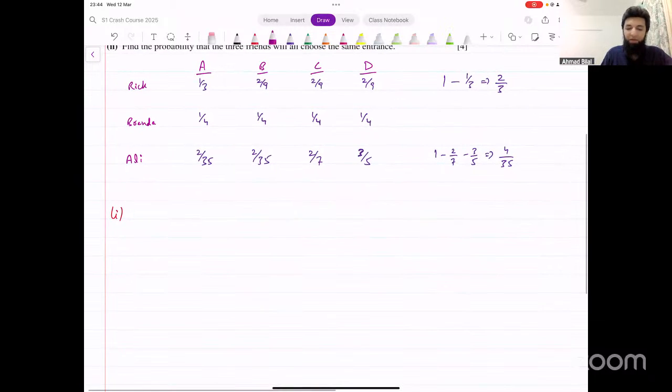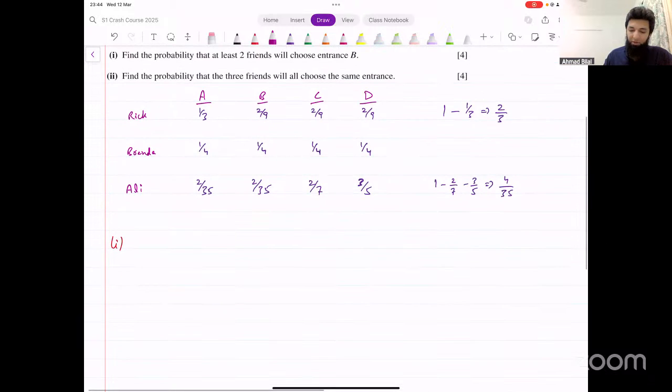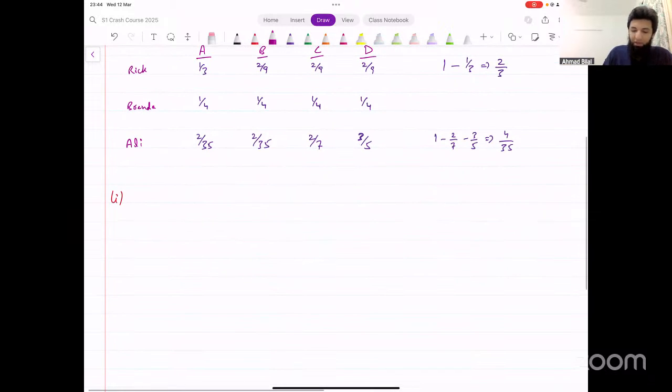Now, let me write down those cases. How should I list them so it becomes easier to understand? We're talking about entrance B, right? Okay, so let's say we've got Rick, Brenda, and Ali. These are the 3 people that we have.